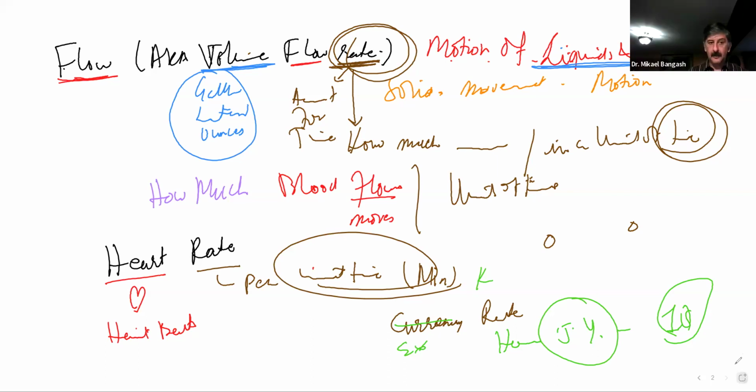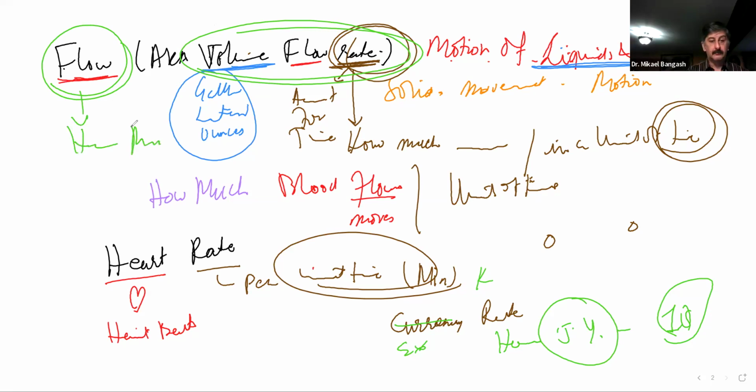Now, just two examples of what we can refer to as volume flow rate, which will determine your flow, which says how much blood is going to be flowing.